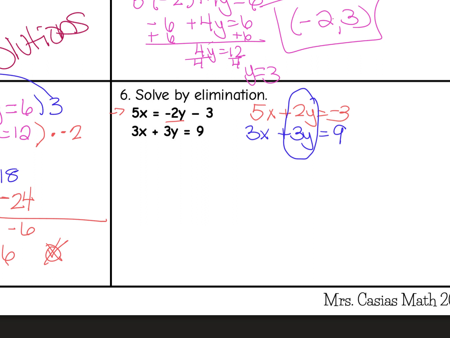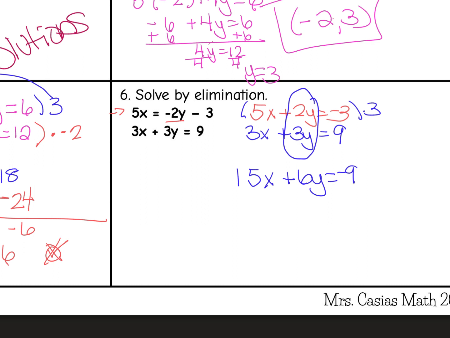Okay, on the top equation, I think if I can make these into 6 and negative 6, that will work just perfectly. So on my top, I'm going to multiply my top equation by positive 3. And then I will have 15x plus 6y equals negative 9.